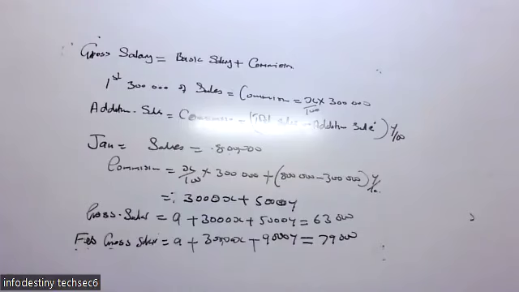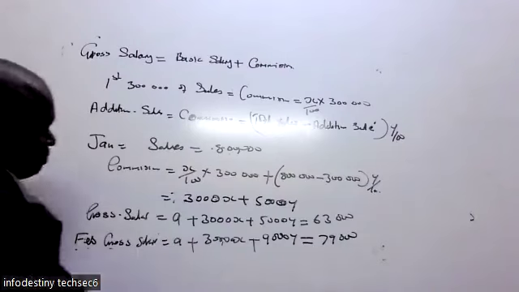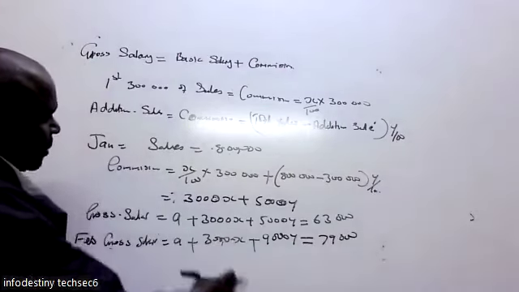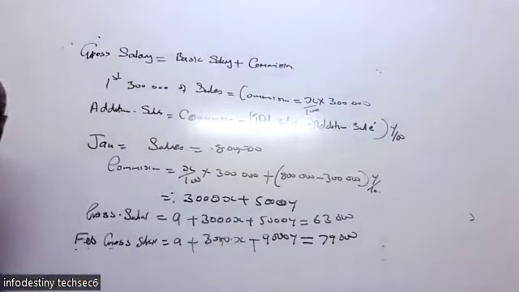Affects X. 3,000. 3,000. We can go to March if you like, or we can solve it from here.